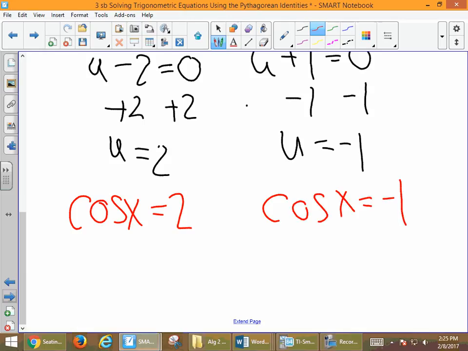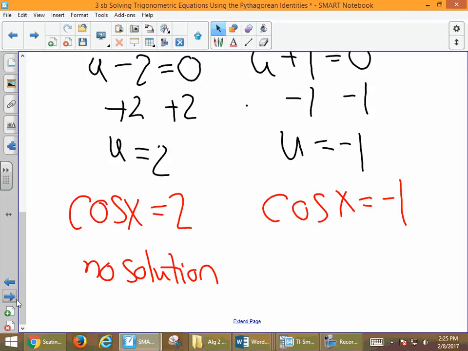And so when on our unit circle does cosine of x equal 2? It doesn't. So you can leave this blank, or you can write no solution. Either works. But now, when does cosine of x equal -1? At pi.